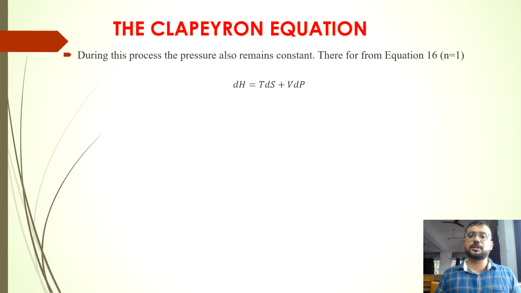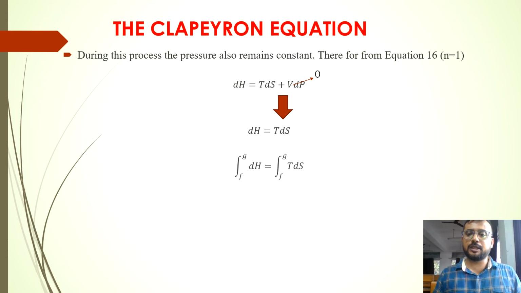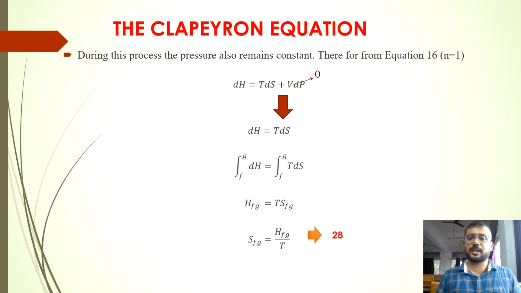During this process the pressure also remains constant, and from the enthalpy balance, the integration comes out as Sfg equals Hfg by T, equation number 28.